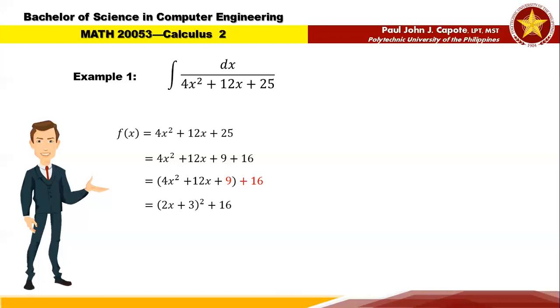Because this 4x squared plus 12x plus 9 is a perfect square trinomial, which can be expressed as 2x plus 3 raised to 2. And so we have the quantity 2x plus 3 raised to the power of 2 plus 16.